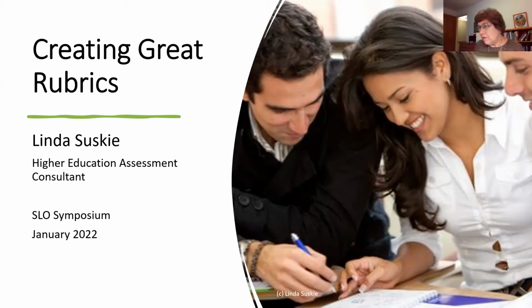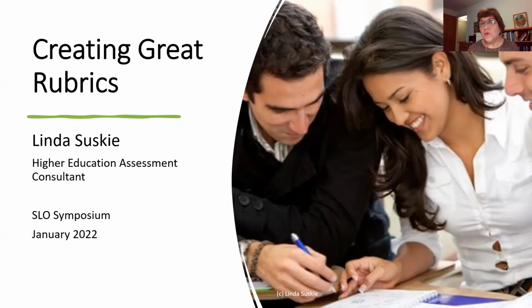Let me give you a little bit of history to start. I was asked to write a book chapter on rubric development a few years ago. And I'm embarrassed to say that before that, I had never truly reviewed the literature on developing rubrics. So if I'm writing a book chapter, of course, I reviewed the literature, and there's quite a bit more in K-12 education than in higher education.